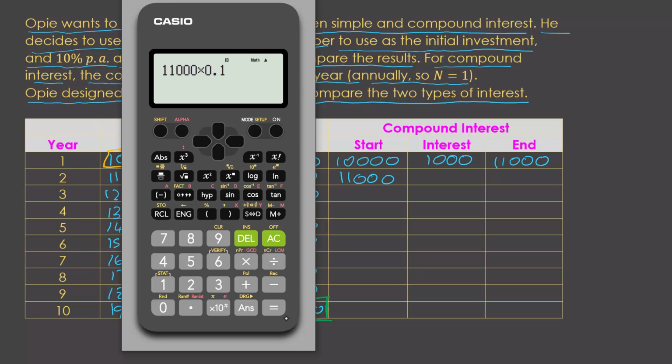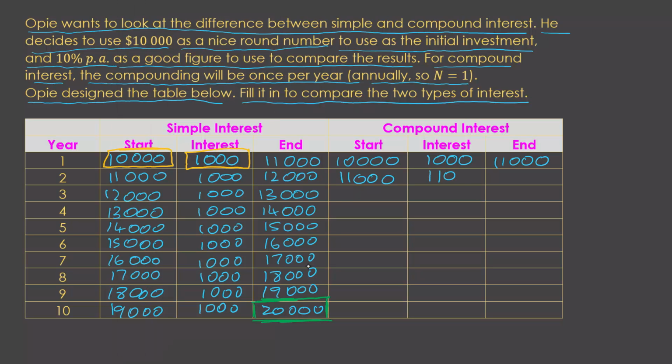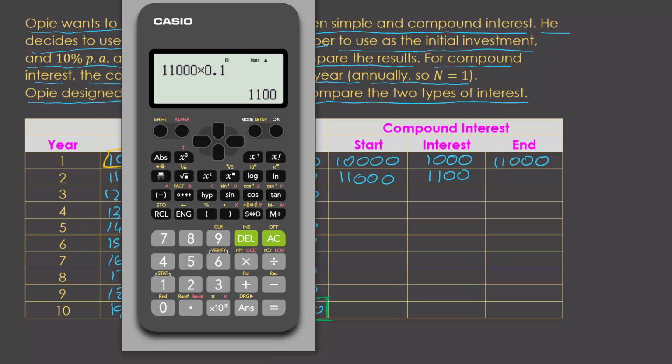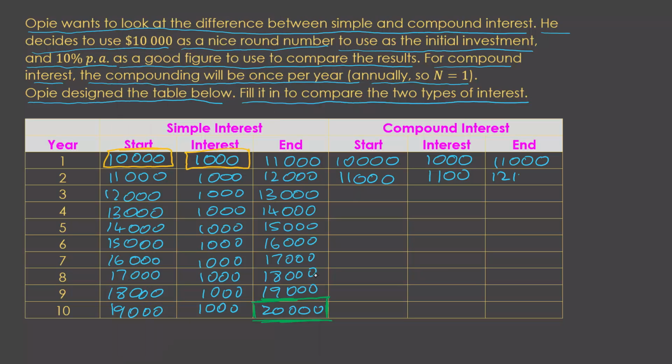To get 10%, just times by 0.1. And so I get 1,100 interest. And then add that onto the 11,000. And we've got 12,100. So you can see already after 2 years, we've got more interest.